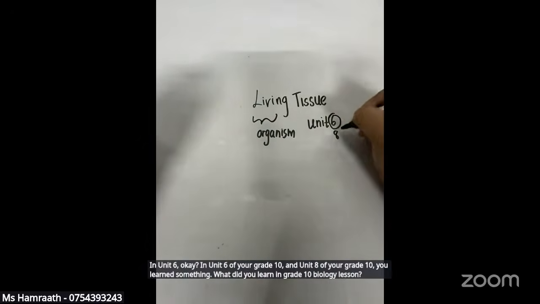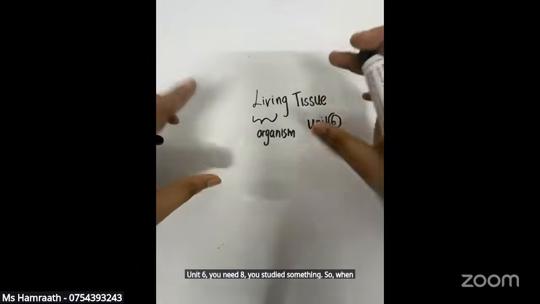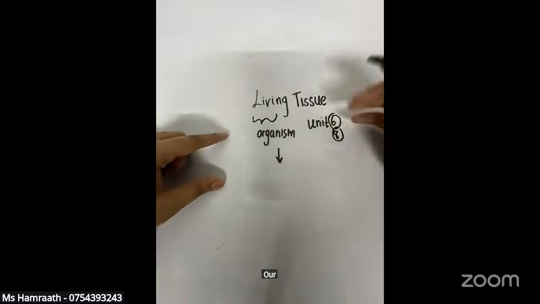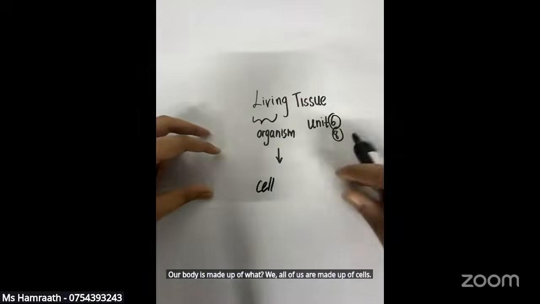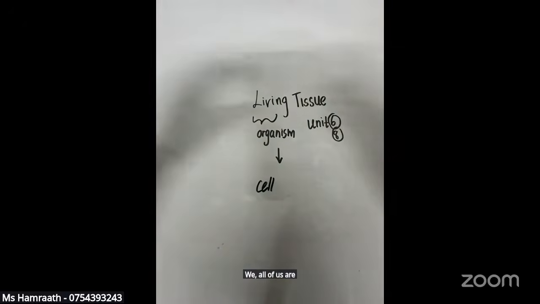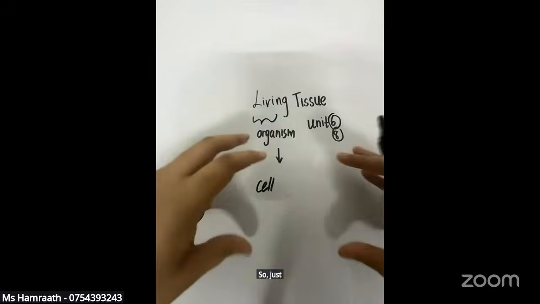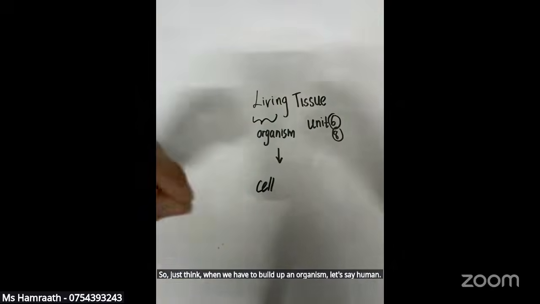When you take any organism, they are made up of what? Our body is made up of what? All of us are made up of cells. The simplest unit in our body is the cell. So just think, when we have to build up an organism, let's say a human, let's say you are going to create a human.